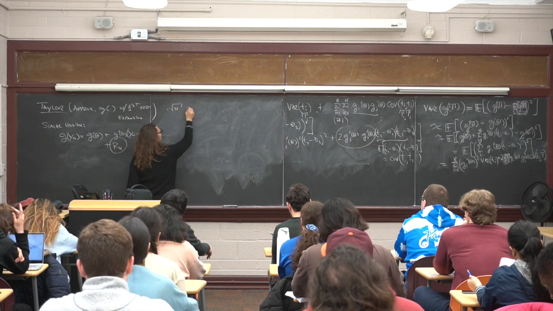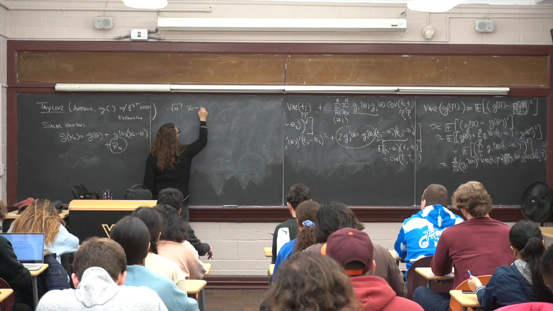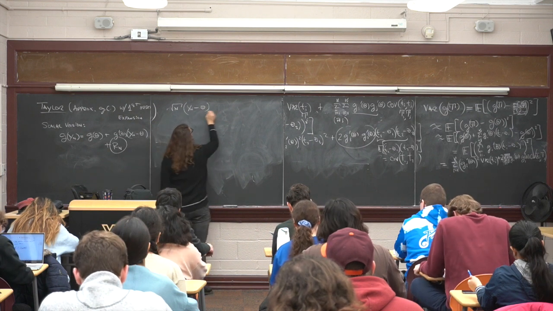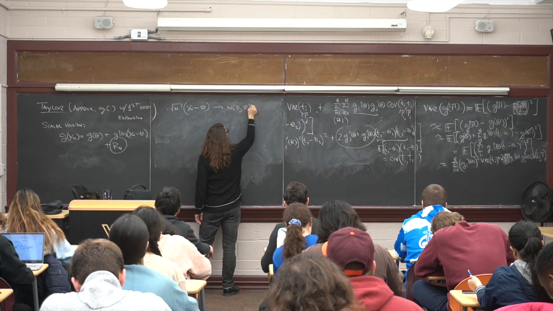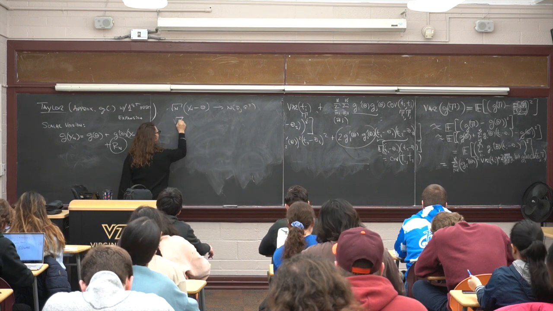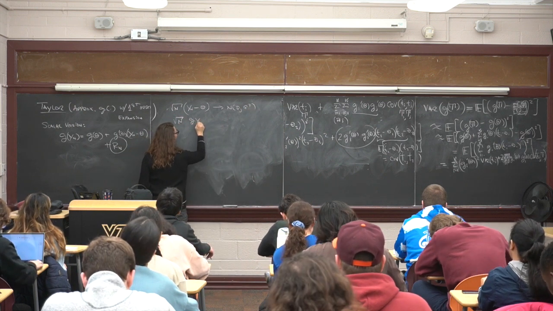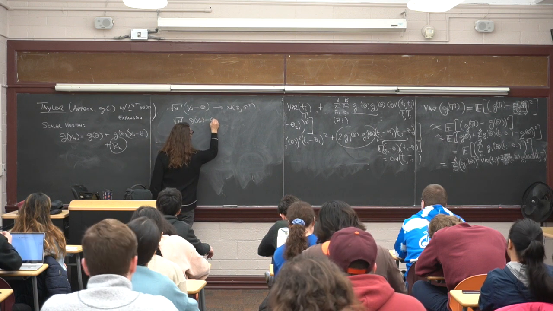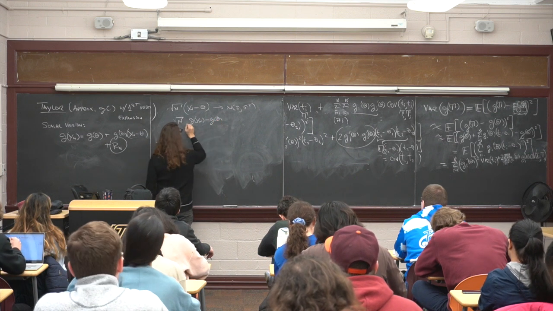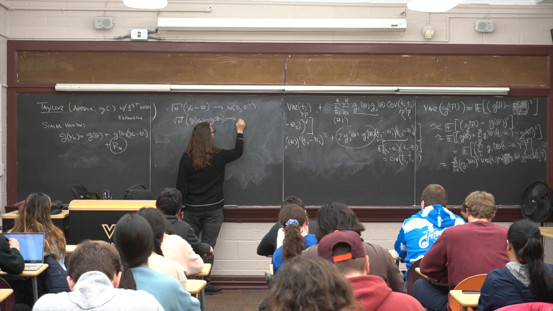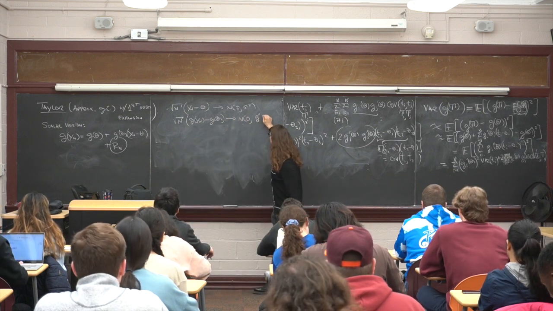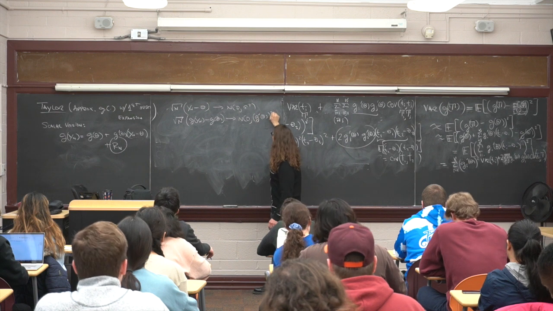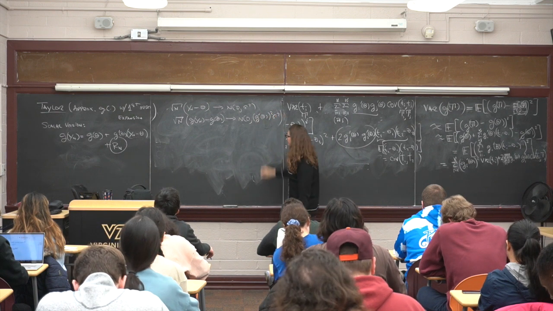So root n (Yn minus theta) goes to a normal(0, sigma squared), and root n (g(Yn) minus g(theta)) goes to a normal with mean 0 and variance g prime(theta) squared sigma squared.